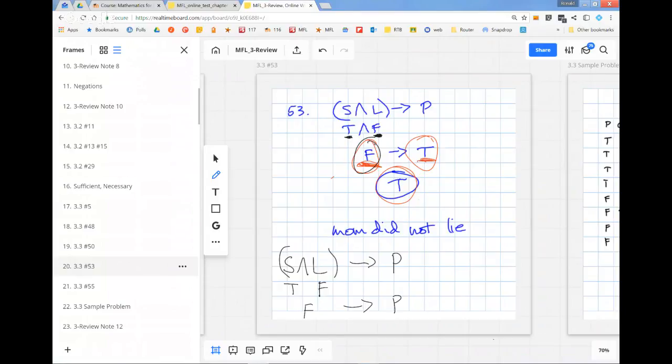Because the only time the if-then statement is false is when the first is true and the second is false. So because that whole thing is true, that tells me Mom did not lie. She was not going back on her word. She really did keep, she followed.